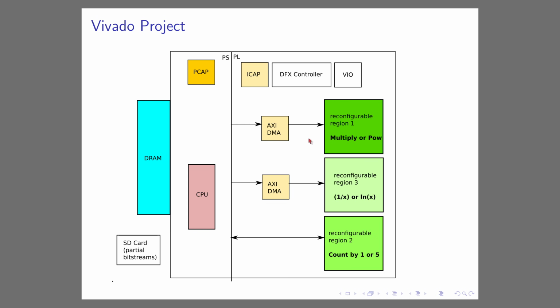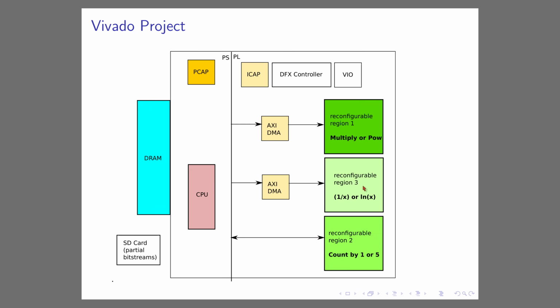This one is responsible for receiving data as a stream, then performing some processing on the data and giving the result back. The same is true for Reconfigurable Region 3, but Reconfigurable Region 2 doesn't have these AXI stream interfaces. It has an AXI slave interface, a memory mapped interface.